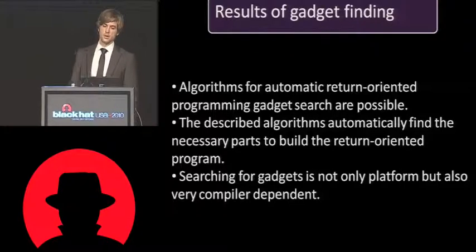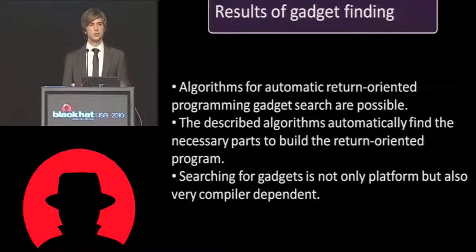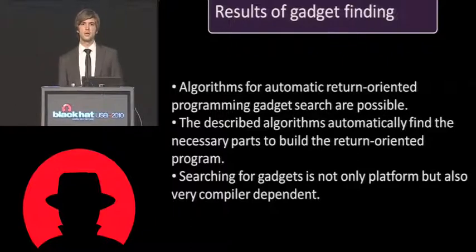Also, the Turing completeness in the primary definition of return-oriented programming is satisfied. And you always have to think about that searching for those gadgets is very, very platform and very, very compiler dependent.